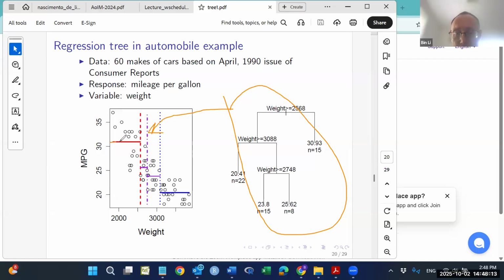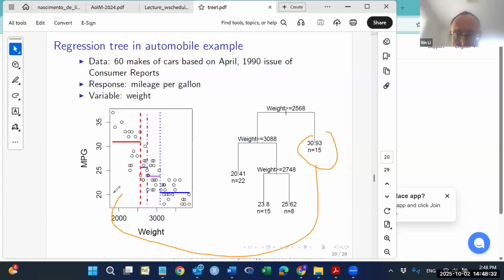So you can see this region. What is this region? This is the region where weight is the lowest, right? So this corresponds to this region. You see that? And what about this region?